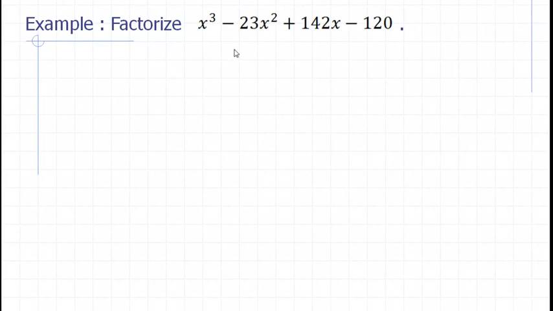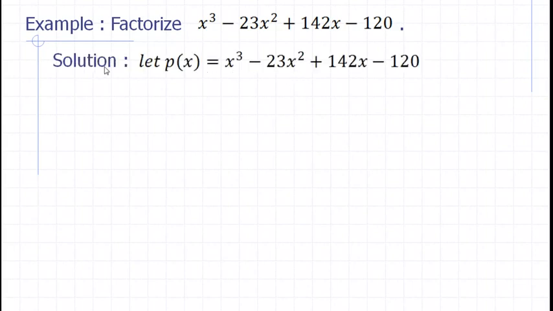Let us see the factorization of cubic, means third degree polynomial. So an example is factorize x cube minus 23x square plus 142x minus 120, which is a cubic polynomial.